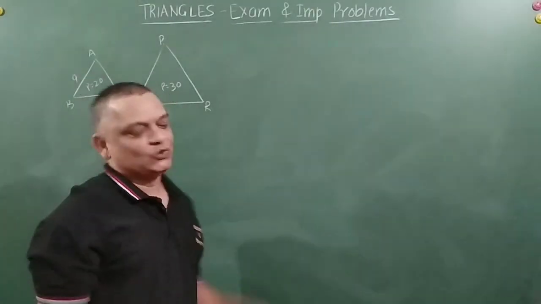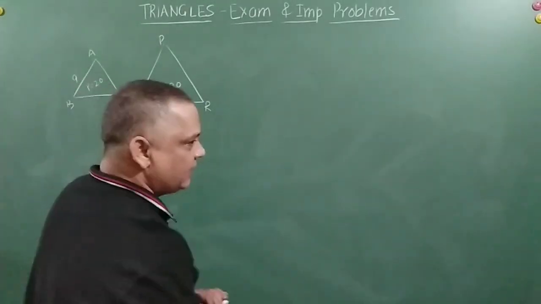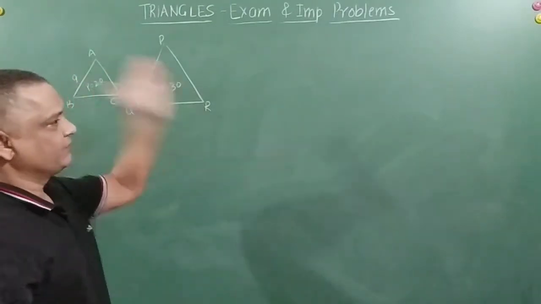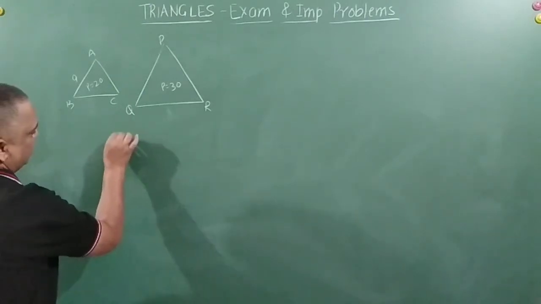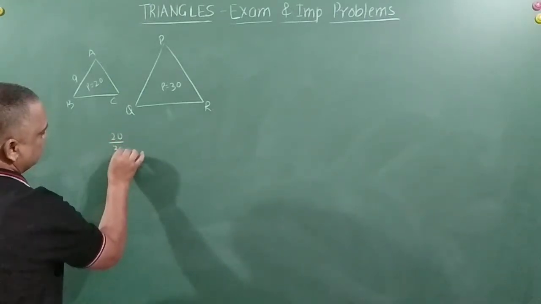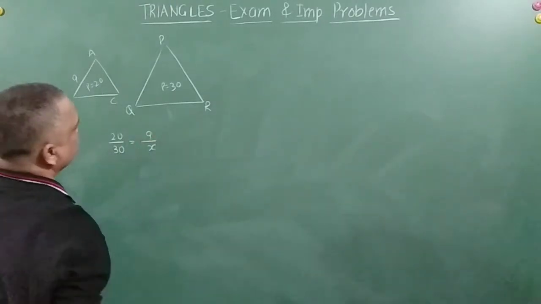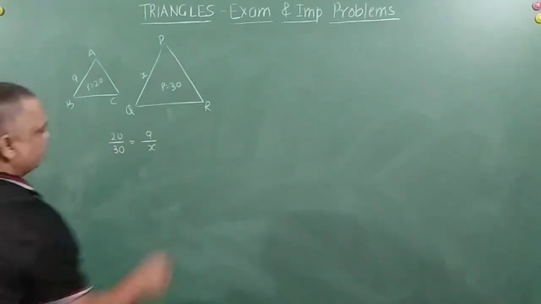I just took this problem because I wanted to tell you one concept, that the ratio of perimeters is equal to the ratio of the corresponding sides. So 20 by 30 is equal to 9 by, let us say, x. You can find the value of x.